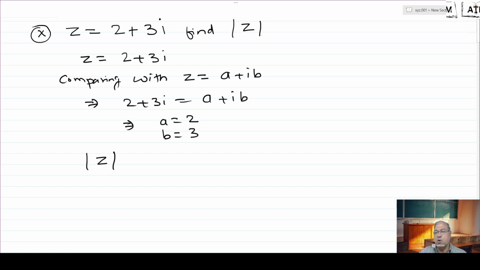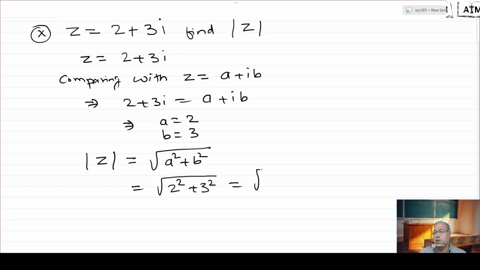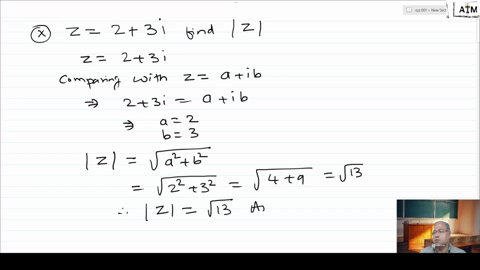Now the modulus equals the square root of a squared plus b squared, which equals the square root of 2 squared plus 3 squared, equals the square root of 4 plus 9, equals root 13. Therefore, the modulus of the given complex number equals root 13. This is the answer.